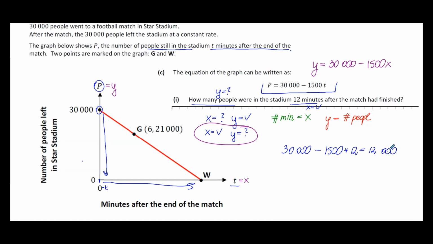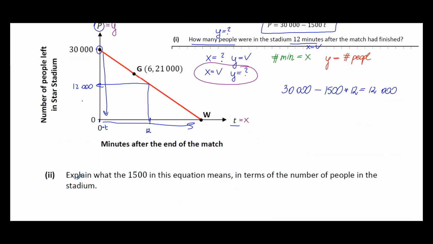So that means when 12 minutes have gone, then I have 12,000 people. Okay? Now, next part. We have to explain what 1,500 in this equation means in terms of the number of people in the stadium. So what is that 1,500?